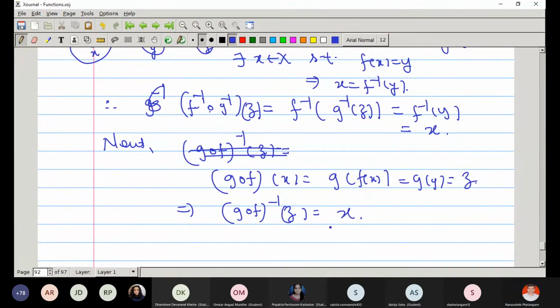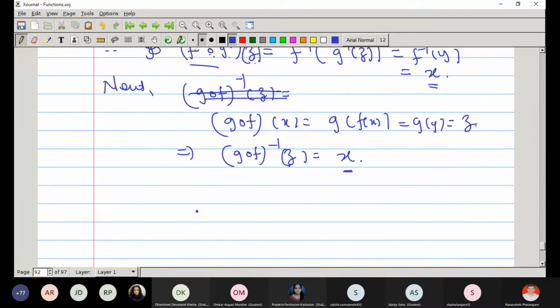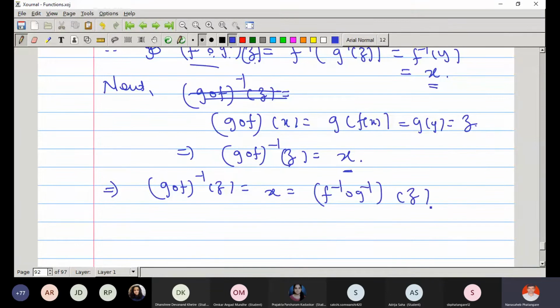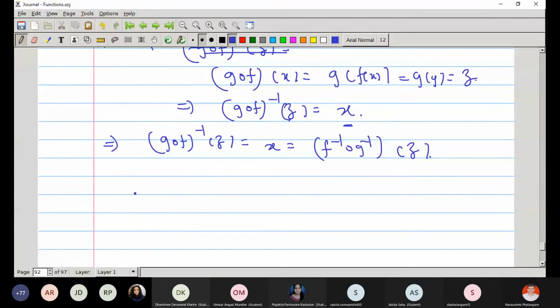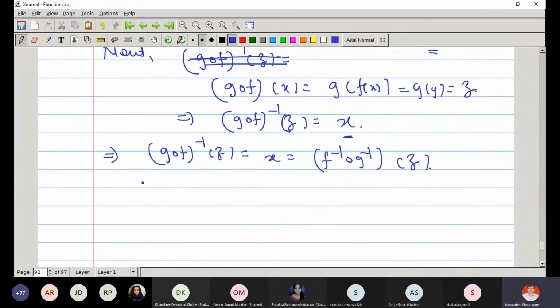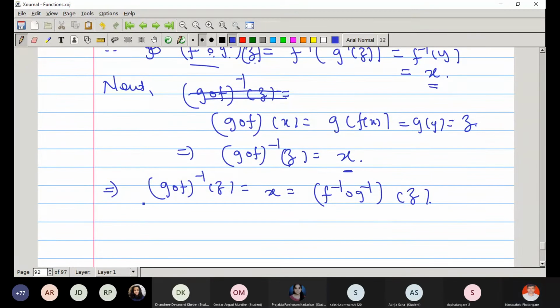Yes. Therefore, if we apply (G composite F) inverse on Z, and if we apply F inverse composite G inverse on Z, the result is the same X. Is it clear? The action is the same.